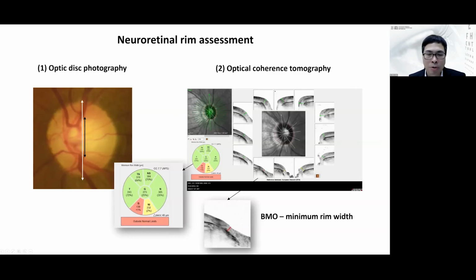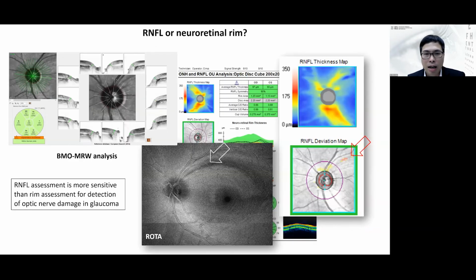Now, as I mentioned before, rim assessment is relatively more specific for glaucoma compared with the retinal nerve fiber layer. Here is an example demonstrating why. For eyes with early glaucomatous damage and focal retinal nerve fiber defects, the loss is very difficult to detect at the rim because it's so small.